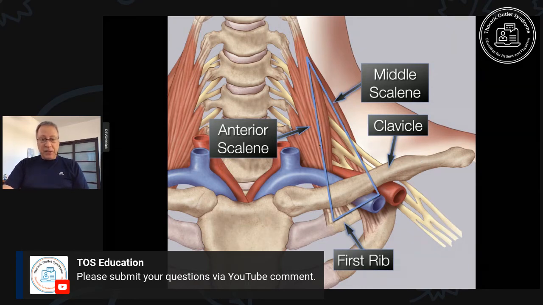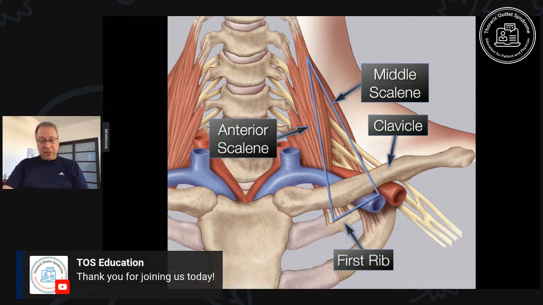The anterior margin is the anterior scalene muscle, and this posterior margin is the middle scalene muscle. And you'll notice that between those 2 muscles, we have the brachial plexus and the subclavian artery. But the subclavian vein actually passes in front of the anterior scalene muscle. I hope that's clear from this diagram.